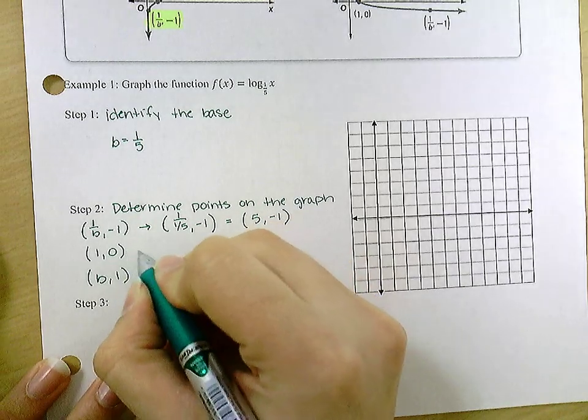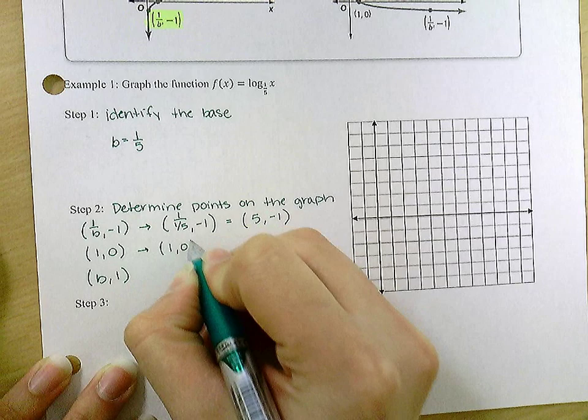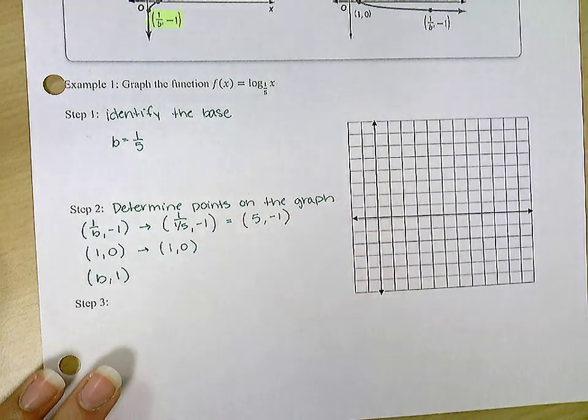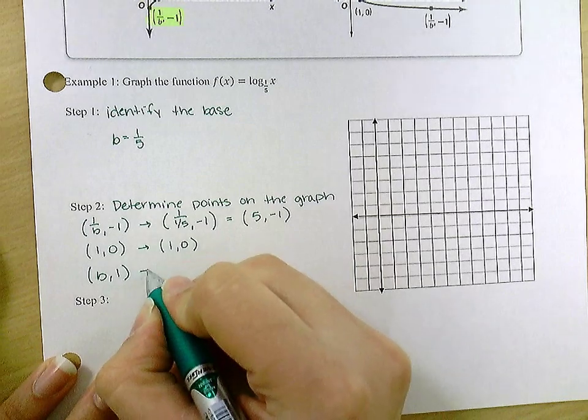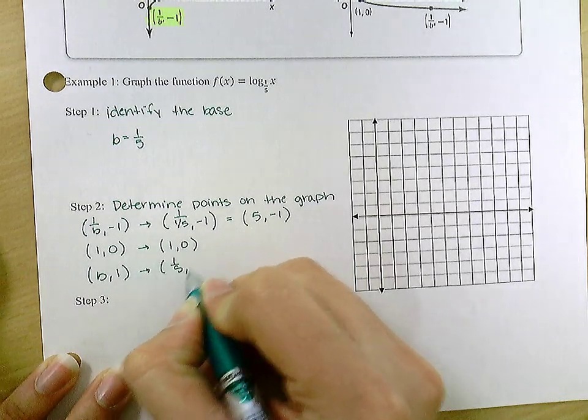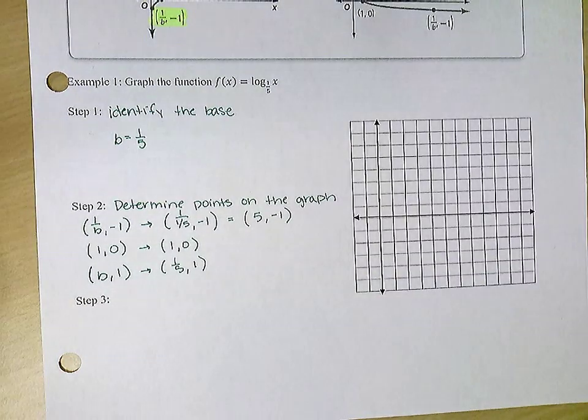I'm still just going to use 1, 0, since I didn't have a b value to plug in there. And then plugging in b here, I would have 1/5, 1. So I have 3 points.